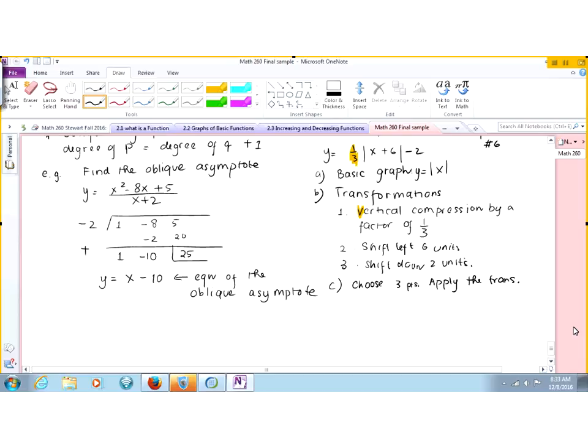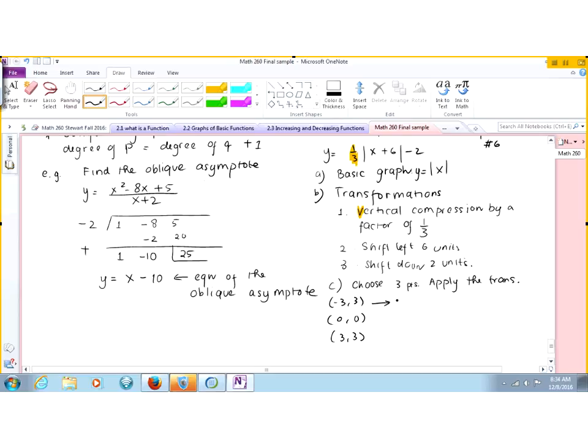So what points do we choose for absolute value of x? 0, 0. What else? I'm going to choose negative 3, 3, right? So negative 3, 3, 0, 0, and then 3, 3.